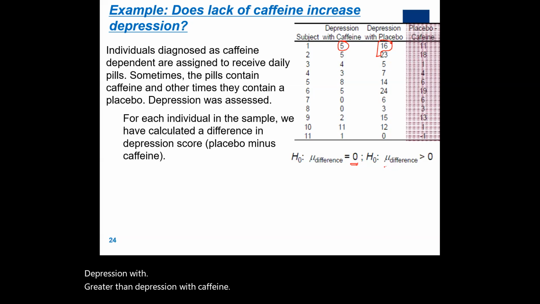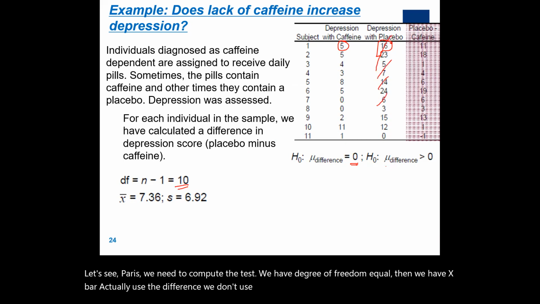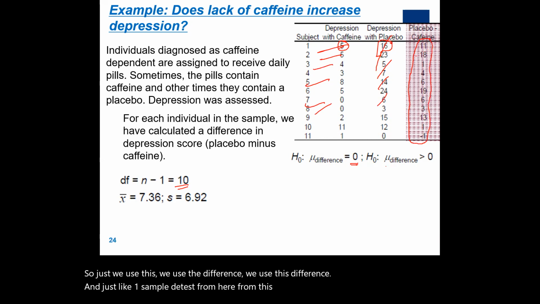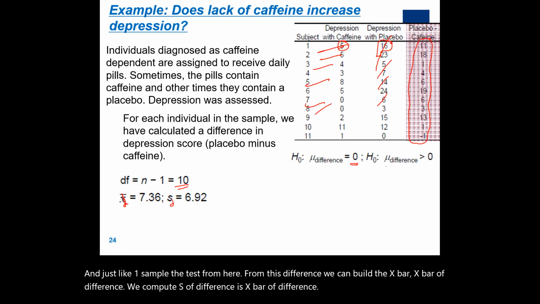Let's see. First, we need to compute the test. We have degrees of freedom equal to 10. We don't use the original columns, we use the difference. Just like a one-sample t-test, from the differences we compute x bar of difference and s of difference.